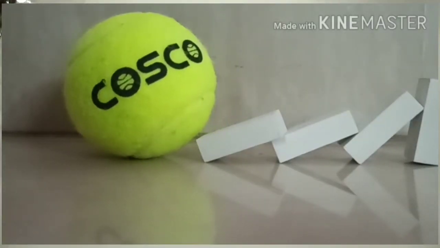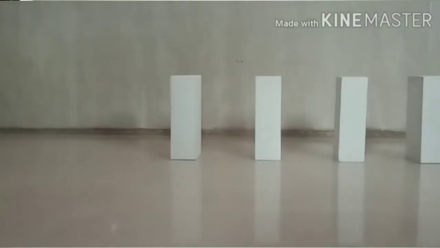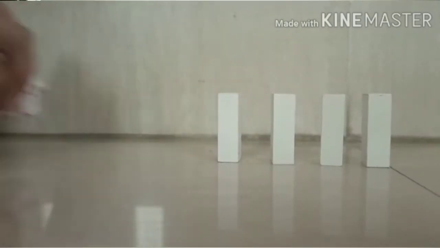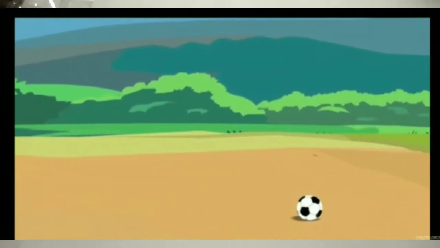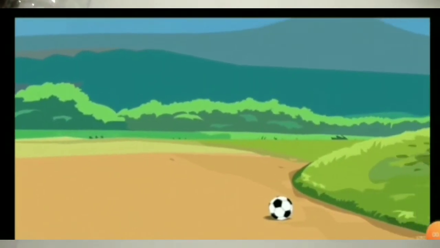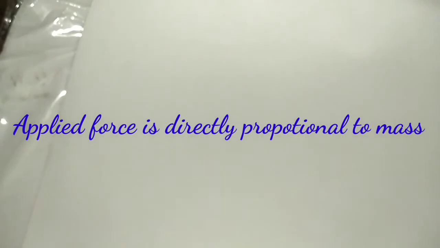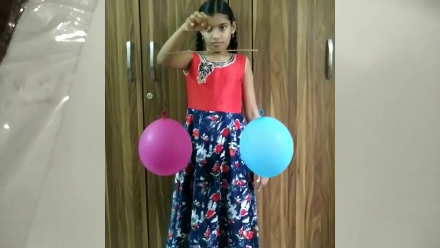When they both are moving with the same velocity, you need high force to stop ball A. Why is this? Because its mass is more. So, the applied force is directly proportional to the mass of the body. Now, consider both balls have the same mass, let it be m, but they are moving with different velocities.